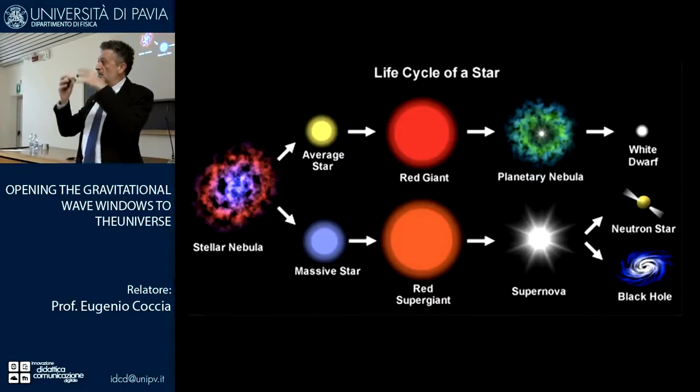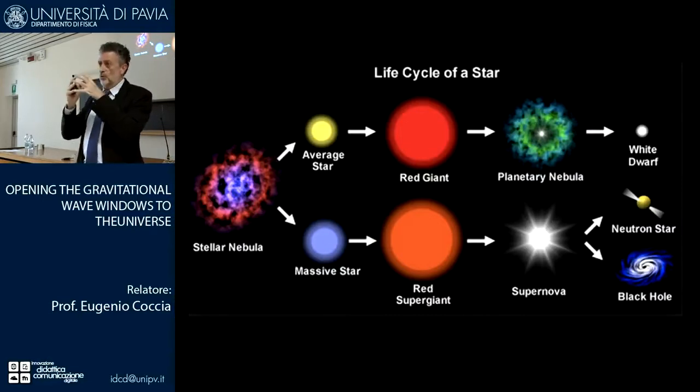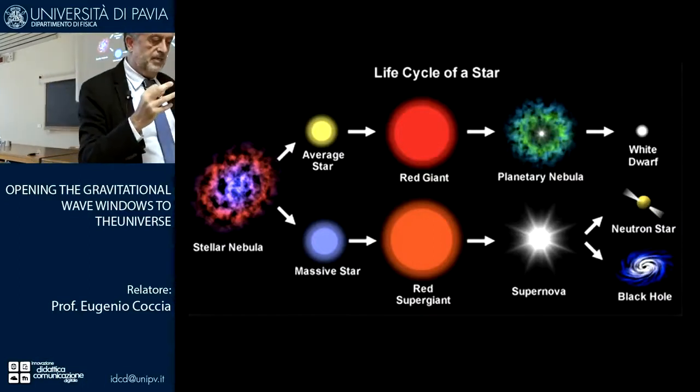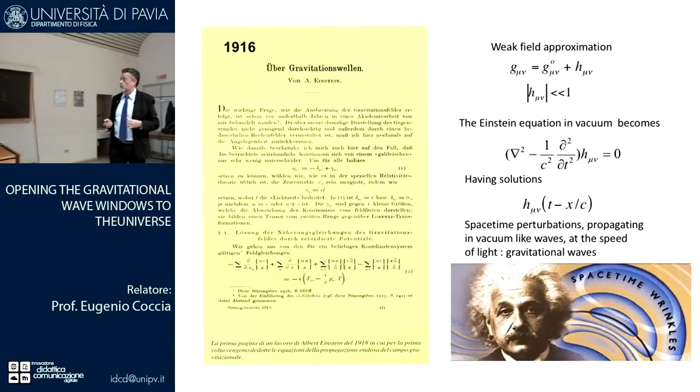What remains from the collapse may be stars made of neutrons, because electrons fall on the nucleus and neutralize protons, so there is a big nucleus, a solar mass nucleus, or if the star is bigger, it can form what I call a black hole.